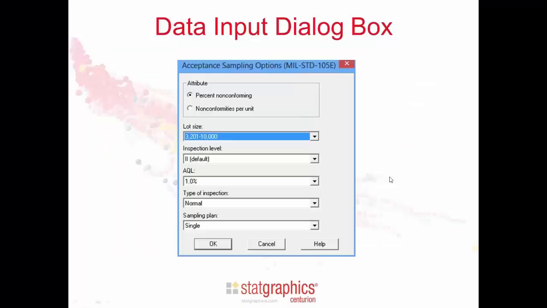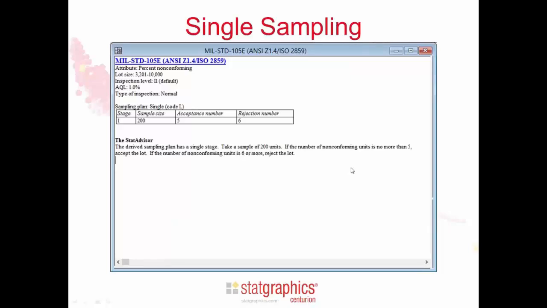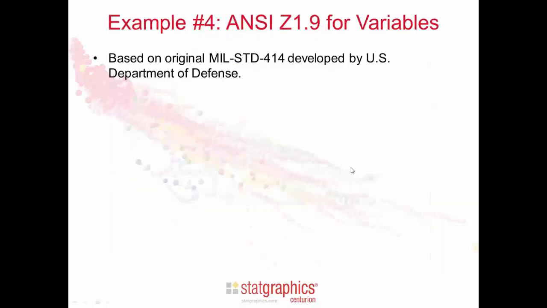All right. The fourth example I wanted to talk about, example number 4, is the ANSI standard Z1.9 for variable data. ANSI standard Z1.9 is derived from the original military standard 414, which was also developed by the U.S. Department of Defense.